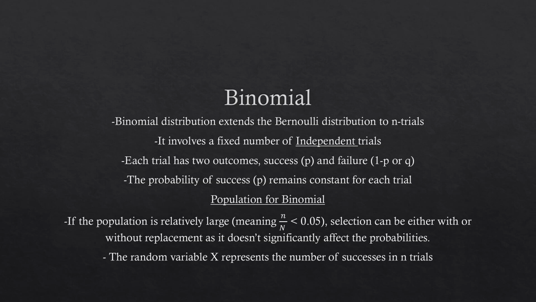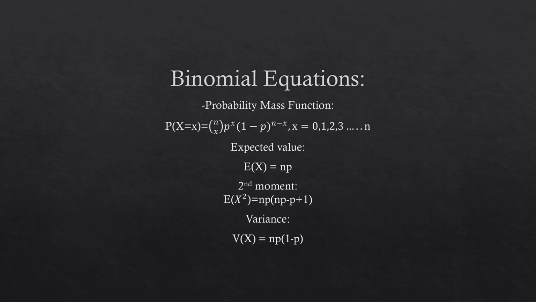And same thing, except instead of x representing either 1 or 0, which is the number of successes, we're looking for the number of successes in n trials. So our x could be much larger than 1. For the probability mass function, the only difference is in front of our p to the x times (1 minus p), we're going to have it to the power of n minus x rather than 1 minus x, because we're counting up to n.